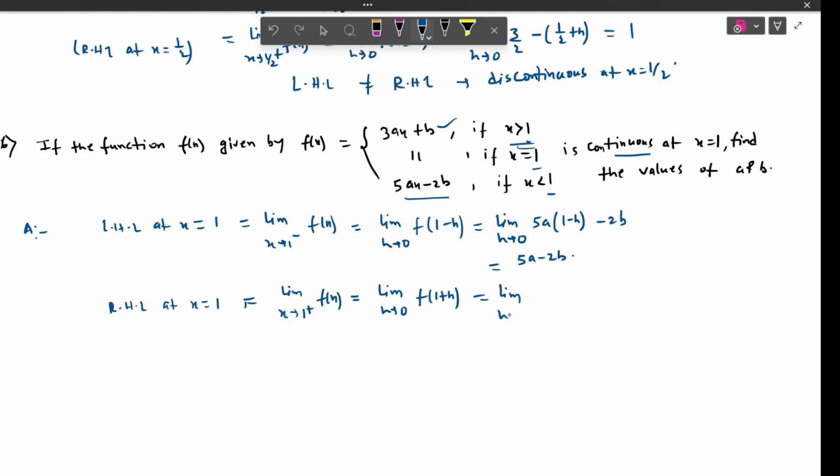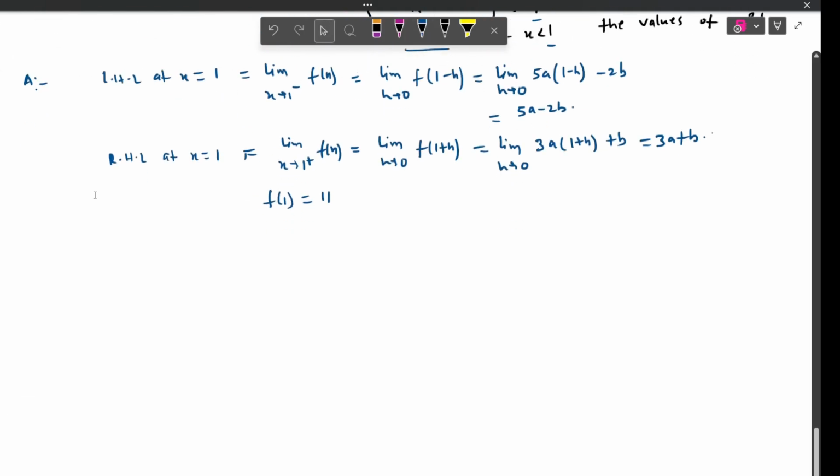So limit h tends to 0, in place of x, you have to put 1 plus h. It would be 3a into 1 plus h plus b. So h tends to 0, so it will be 3a plus b, right? And it is given that f of 1 is 11.